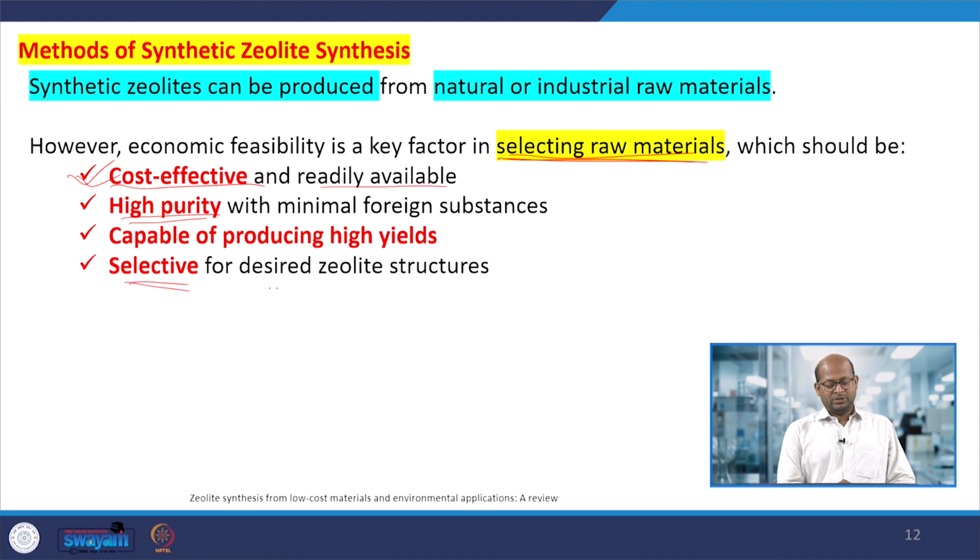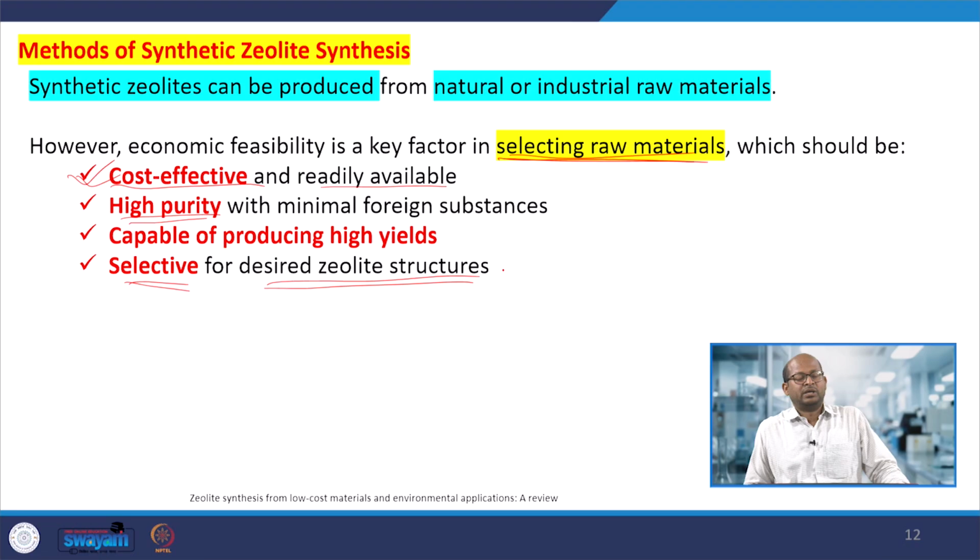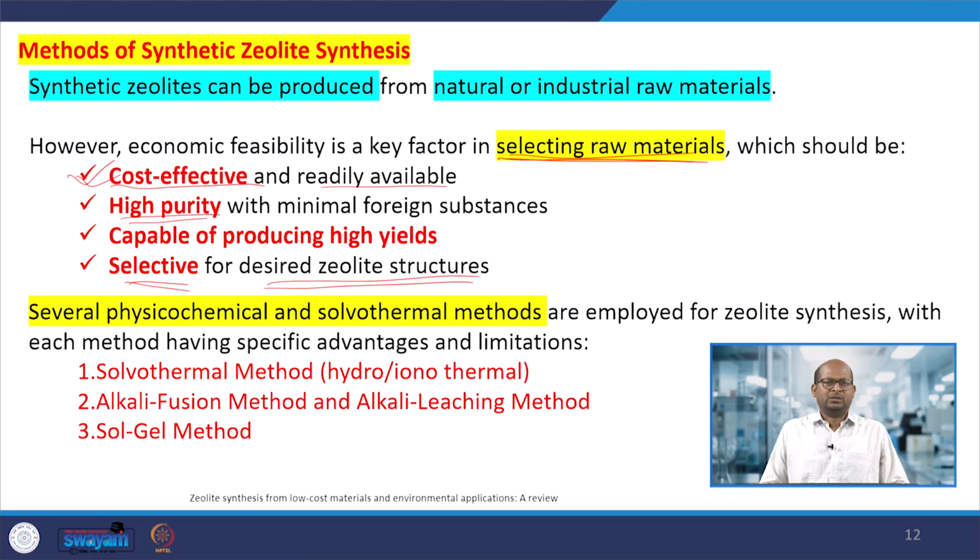And being selective for the desired zeolite structure, the structure is also important. So many factors are associated with preparing that material. Depending upon a particular specific structure you want to prepare for a specific application, many things we have to keep in mind.